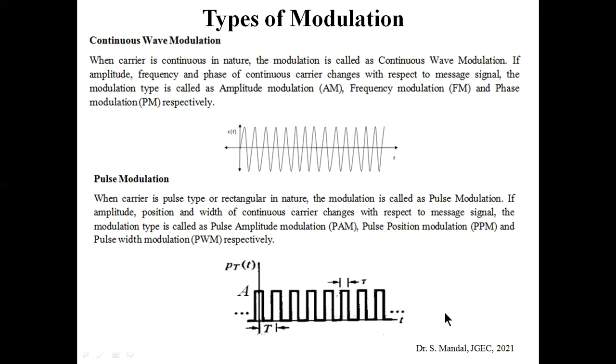So right now PAM, PPM, and PWM are out of syllabus. In the syllabus of analog communication, we will just focus on continuous wave modulation. As you already know, there are three types of continuous wave modulation possible: amplitude modulation, FM, and PM. First of all, we shall focus on AM.